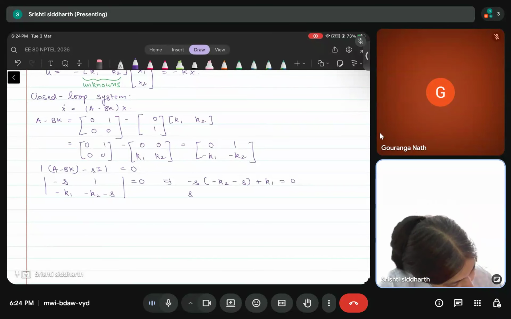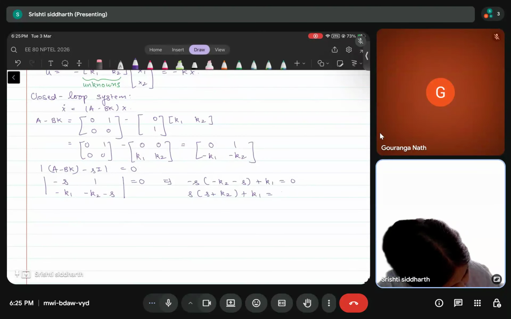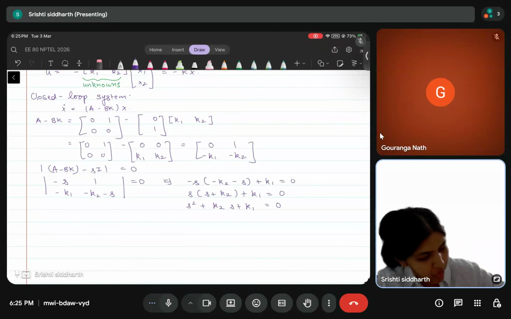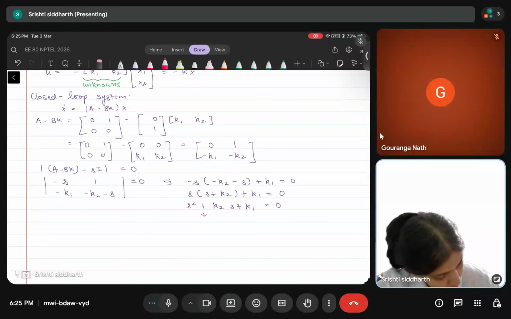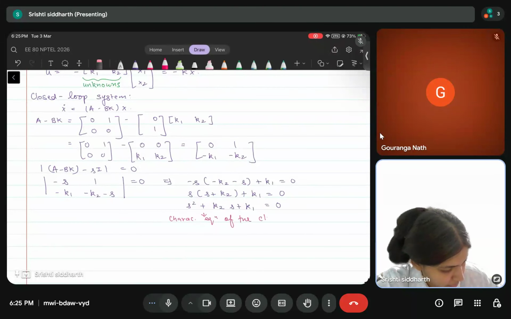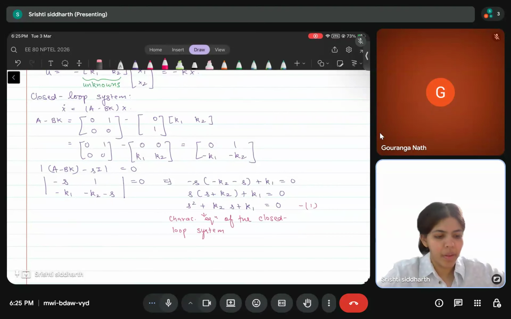This is S square plus K2 S plus K1. This is the characteristic equation, equation 1.